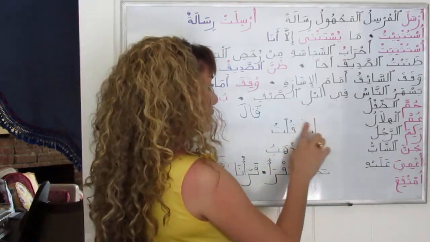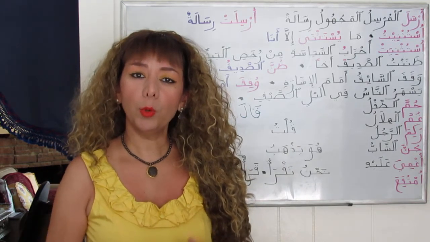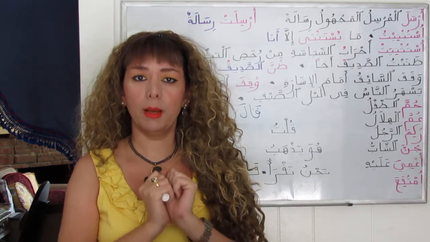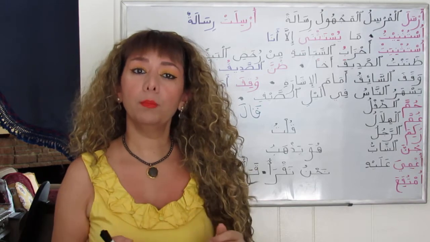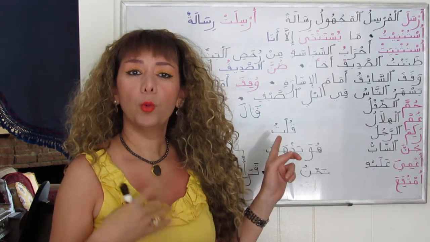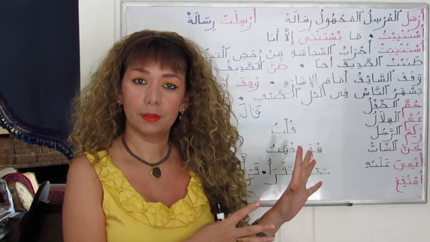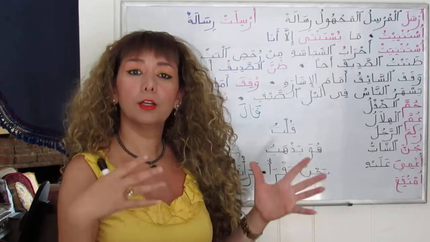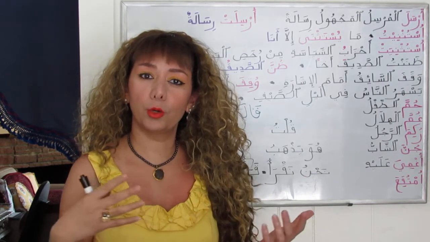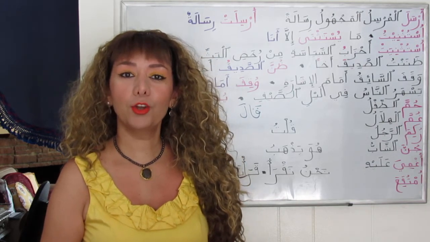If I omit this, قلت, still we would understand that I am talking about the first person, myself, I said, from the conjugation of the verb. So now we are referring to the subject implicitly. It is in the conjugation of the verb.